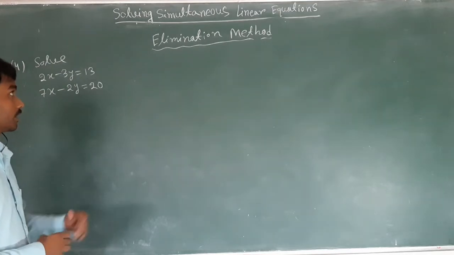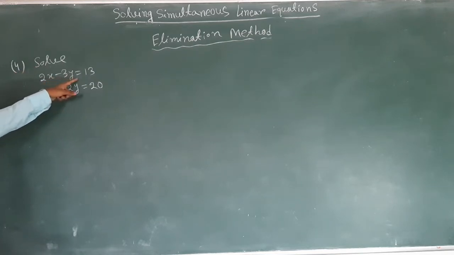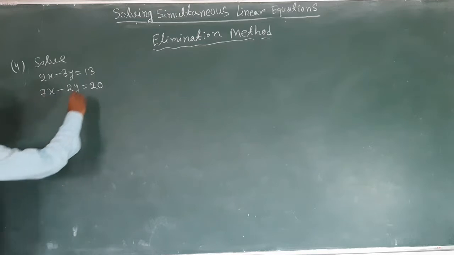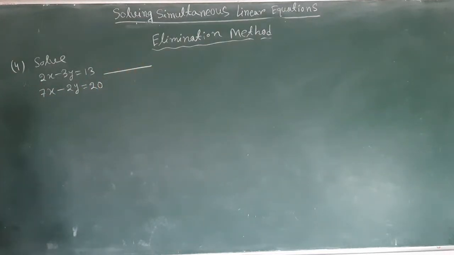Now we explain the elimination method with an example. Question number 4. Solve 2x minus 3y is equal to 13 and 7x minus 2y is equal to 20.